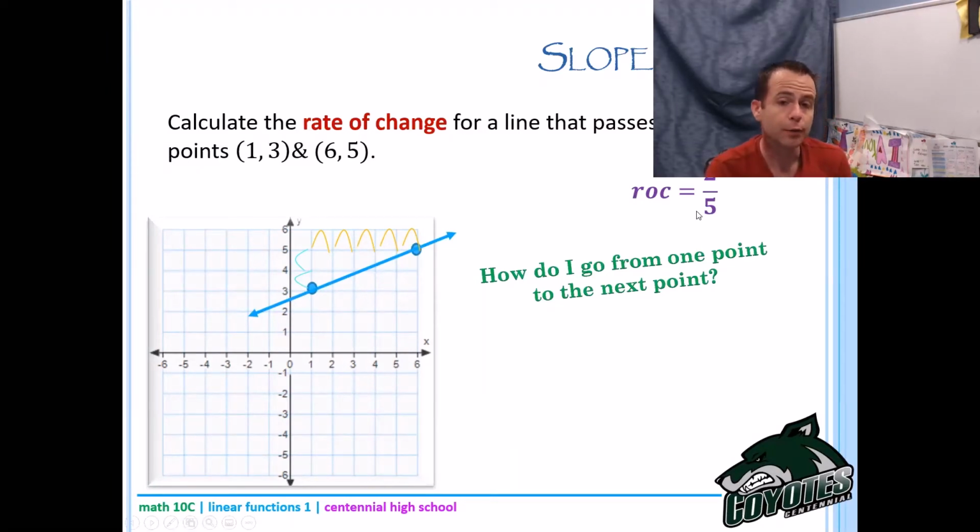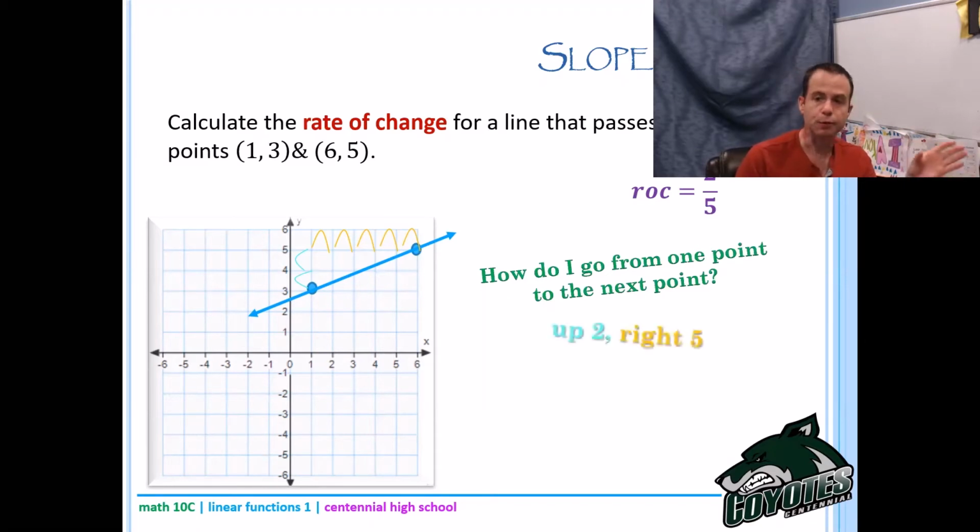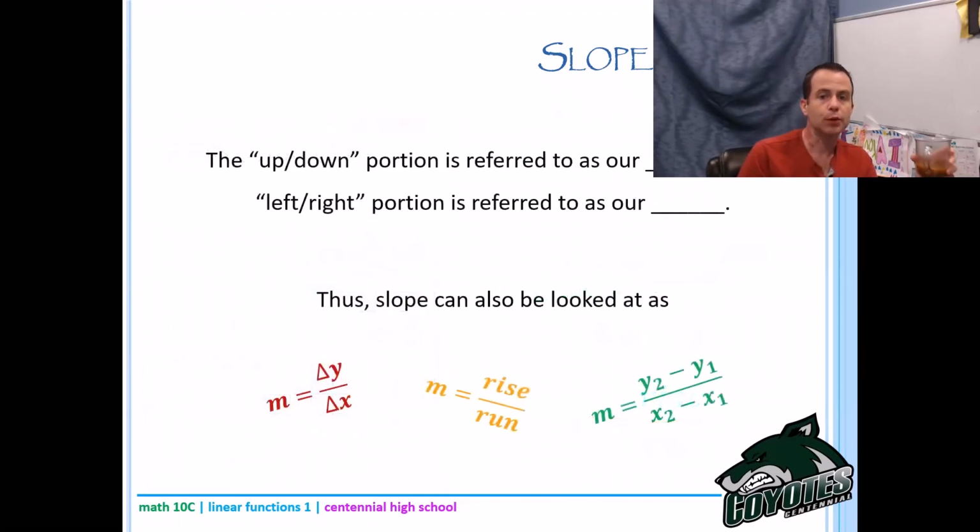Okay, so another way that we talk about slope when we're looking at a graph is we would say it's the rise over the run. Okay, the rise refers to the movement of my vertical, and then the run refers to the movement of my horizontal. So the up-down portion is referred to as our rise, and the left-right portion is referred to as our run.